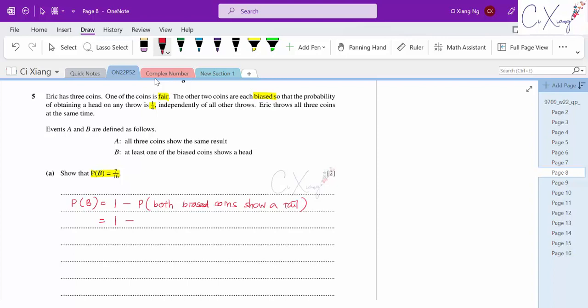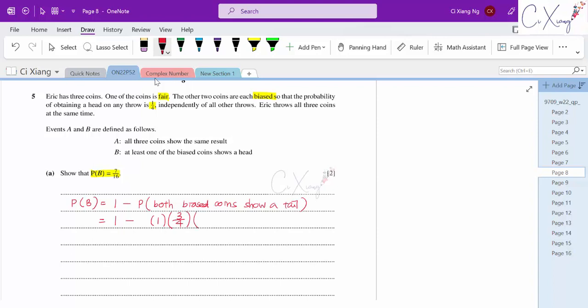Let's talk about the coin which is fair first, the fair coin. For the fair coin, I can take any value, so the probability should be 1. Then for the second coin, where it is the biased one, to get the tail, I'll have the probability 3 over 4.